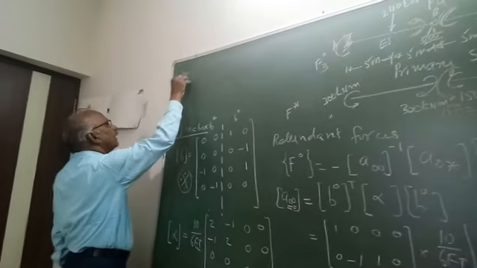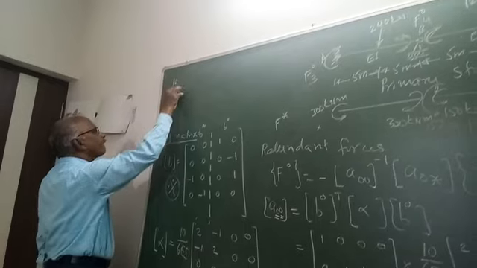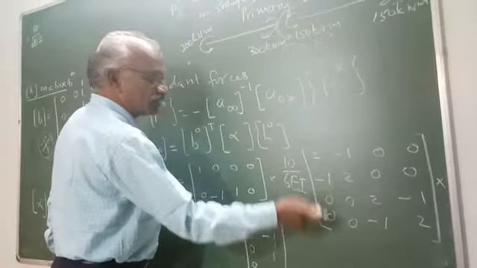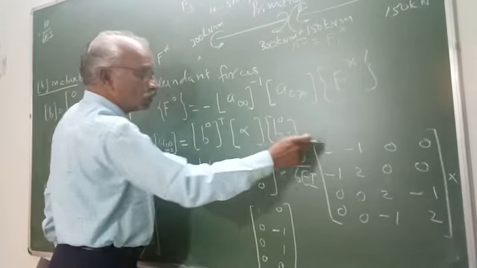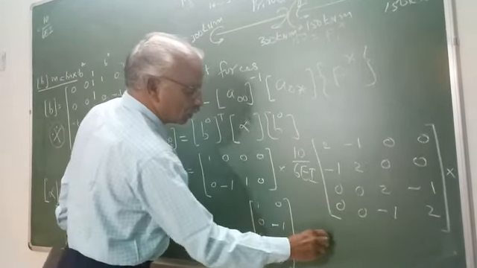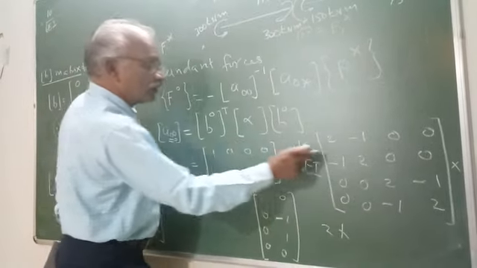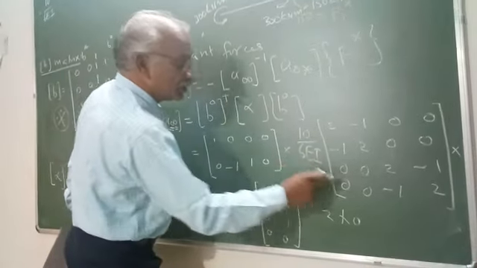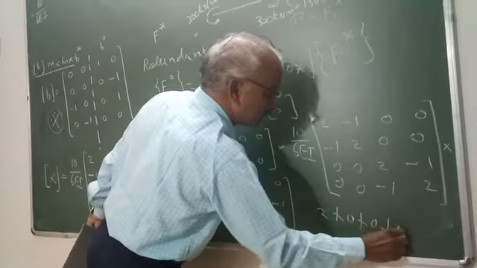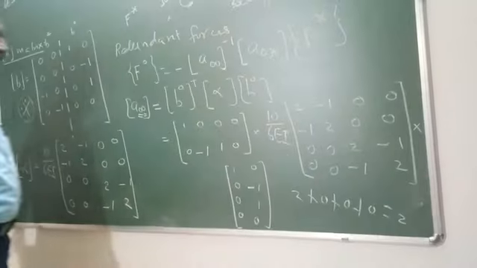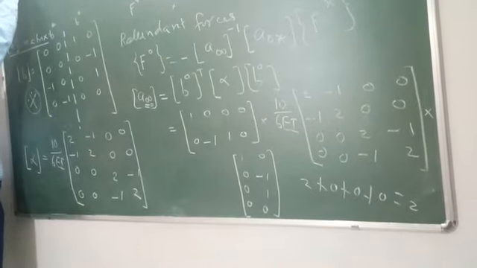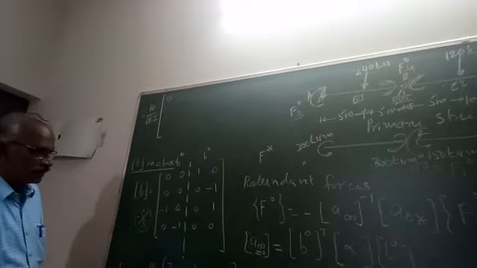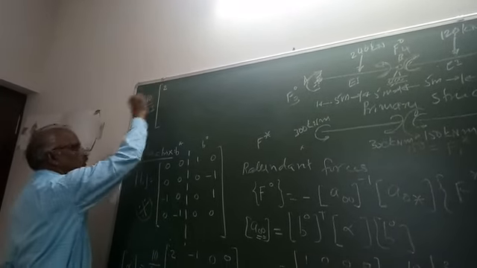First row, first column: 1 into 2, plus 0 into 0, plus 0 into 0, plus 0, equal to 2. So first row, first column will give you the first value, 2.